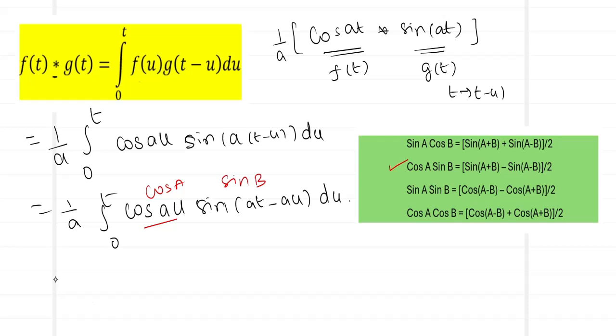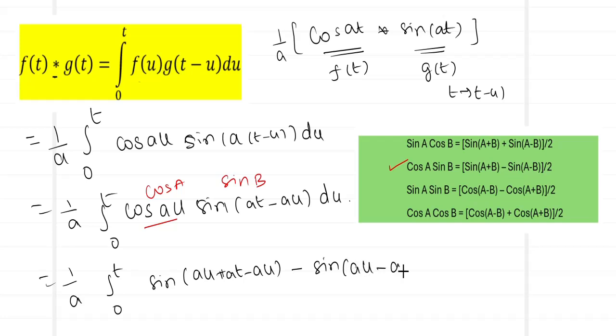So, we have this as 1 by a integral from 0 to t, sin of A plus B, au plus at minus au, minus sine of A minus B, au minus at plus au, divided by 2. So let me take this 2 outside, and this has to be integrated with respect to u.